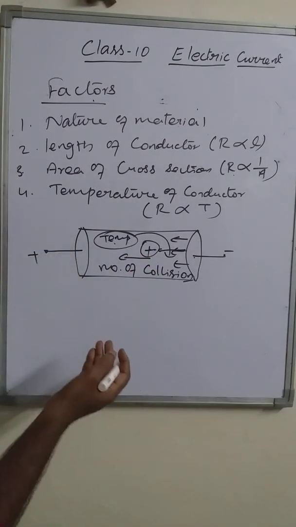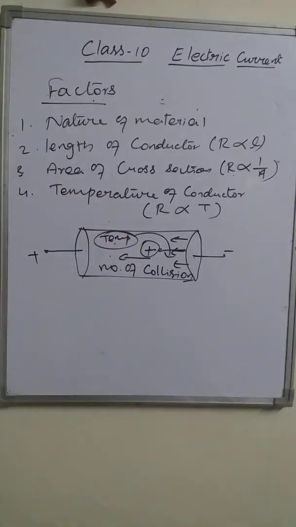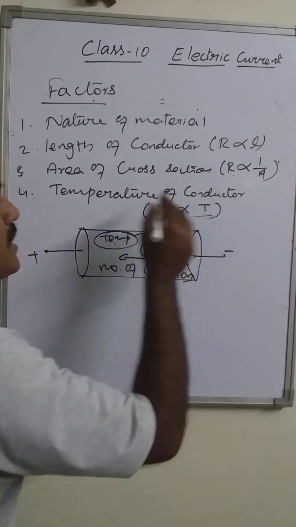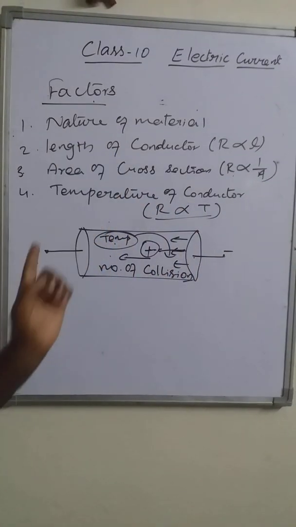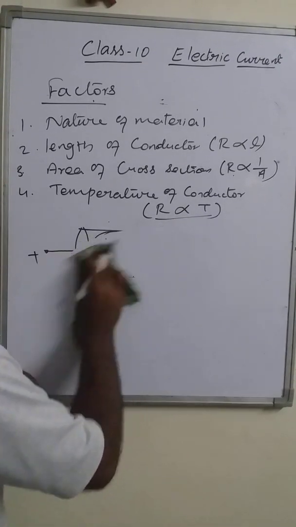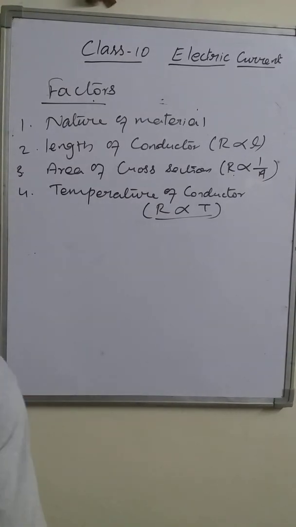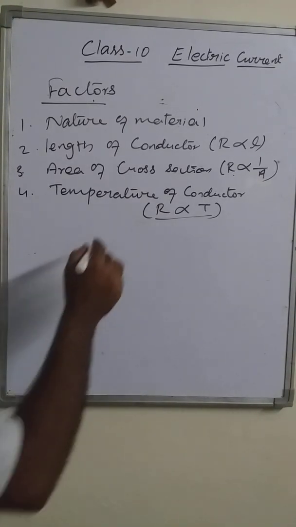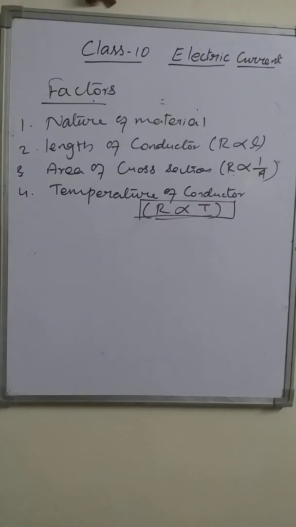As the number of collisions increases, the opposition also increases, so resistance also increases. So the resistance and the temperature are directly proportional to each other. These are the four factors on which the resistance of a conductor depends.